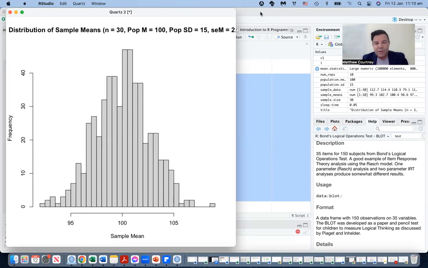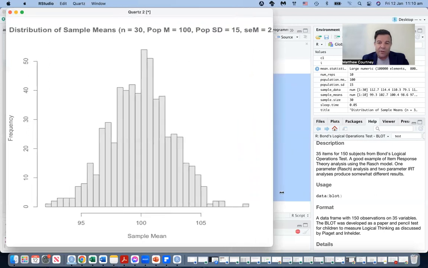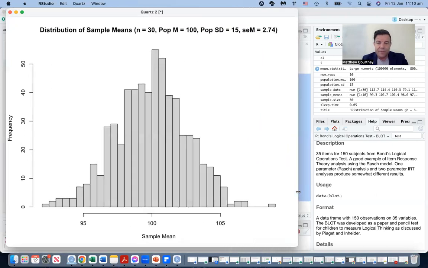Eventually, this becomes normally distributed, and we can see the pattern emerge, whereby the standard error of the mean, the theoretical one, which is 2.74, actually occurs.